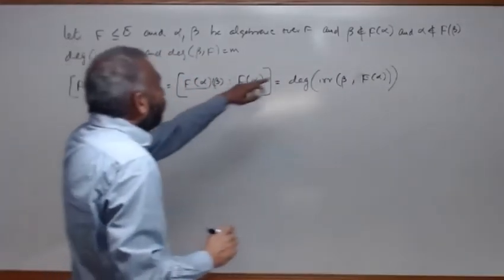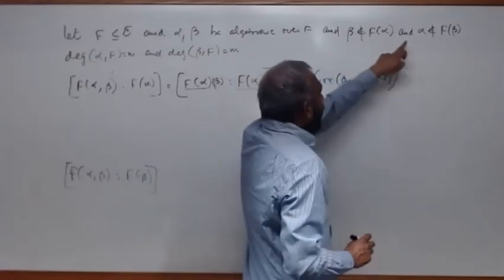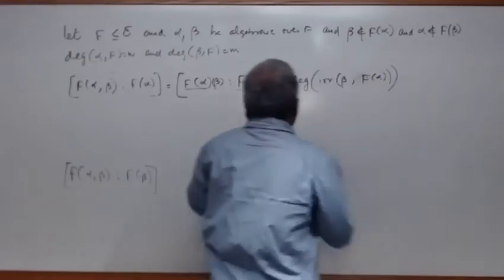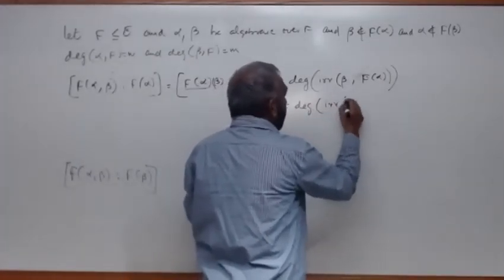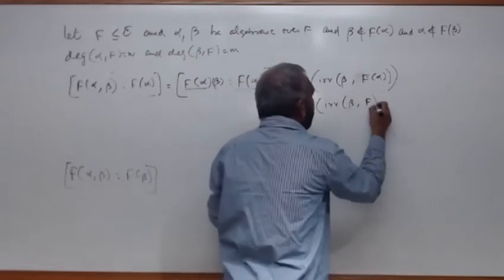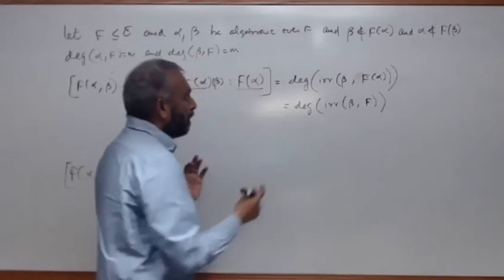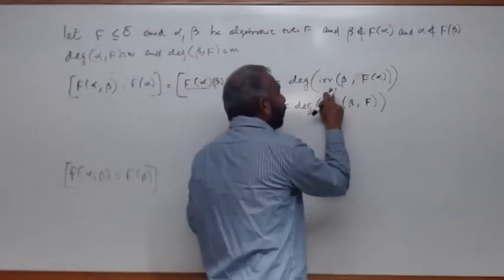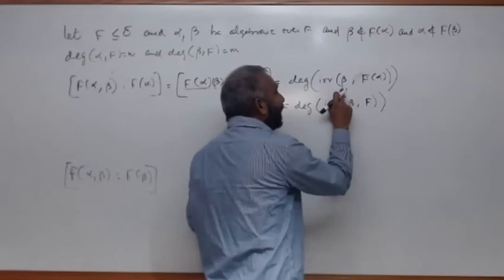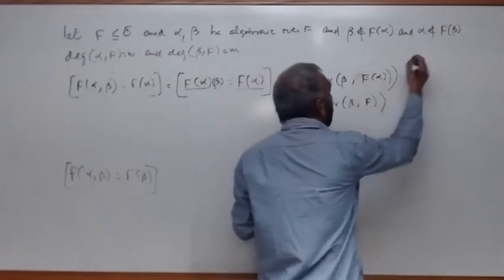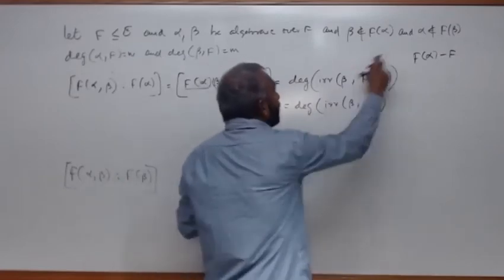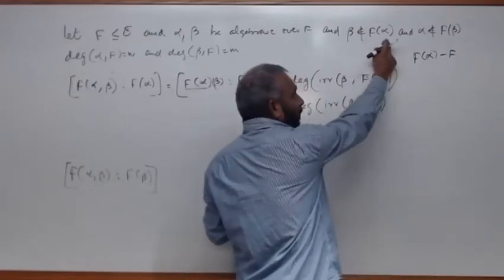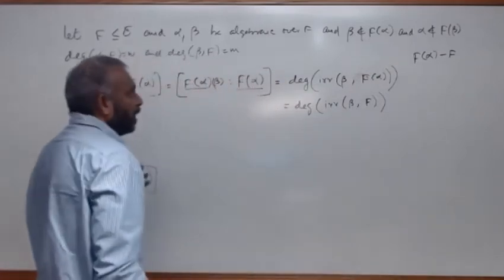Beta is actually outside F(alpha) and alpha is outside F(beta). So this actually means that it is the degree of the irreducible polynomial of beta over F only, because the irreducible polynomial of beta does not contain any coefficients from F(alpha) minus F, because beta is outside F(alpha). And what is this?